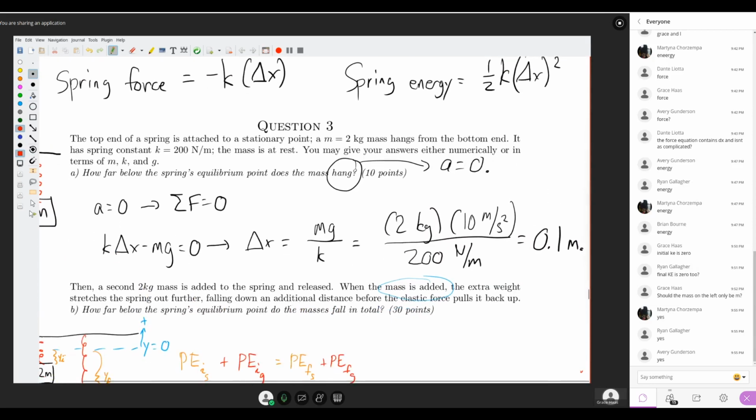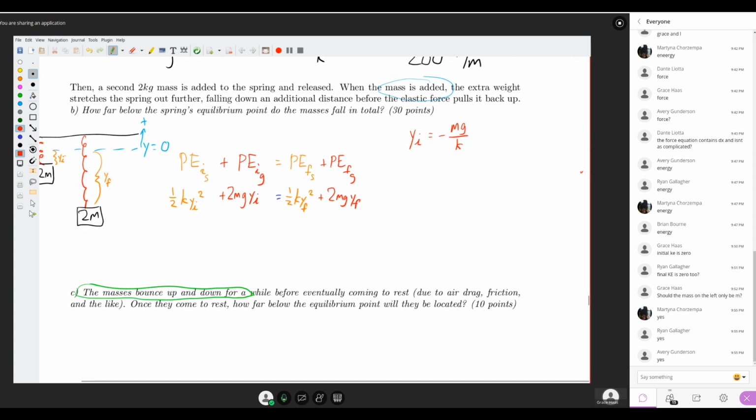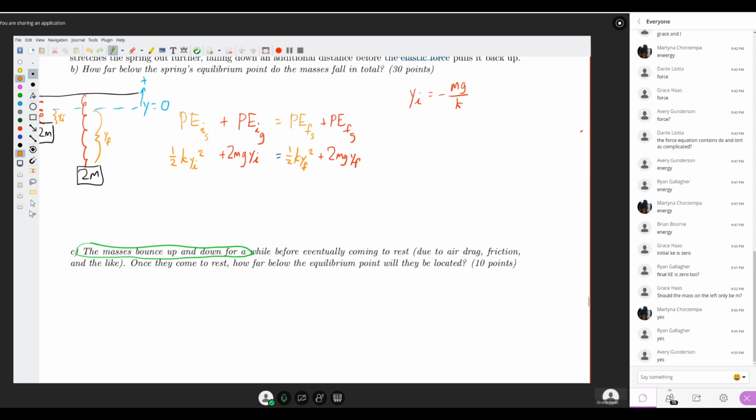We know y initial is minus mg over k. This initially looks like it may be a messy quadratic formula thing. We'll see in the end that it isn't, that this actually is something you can factor without using the quadratic formula, at least if I'm remembering how it goes correctly.